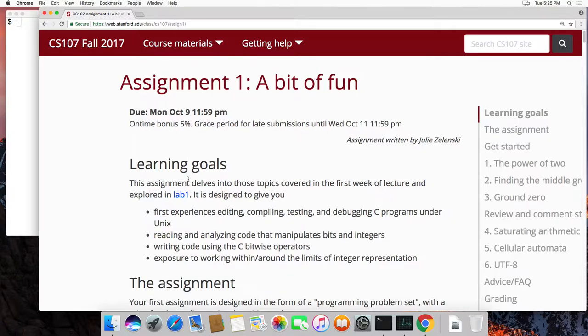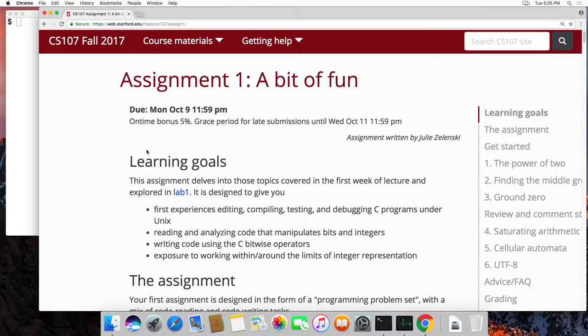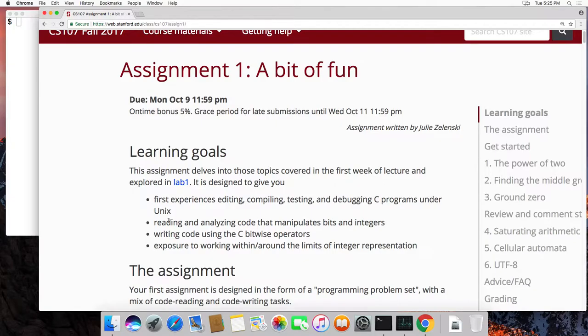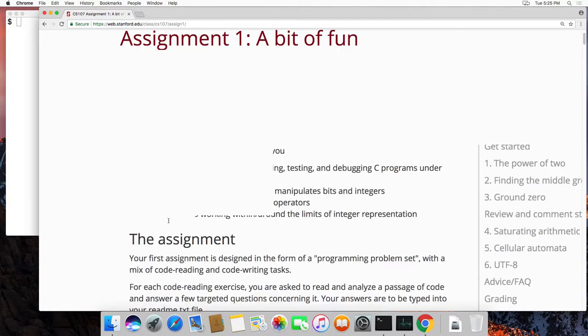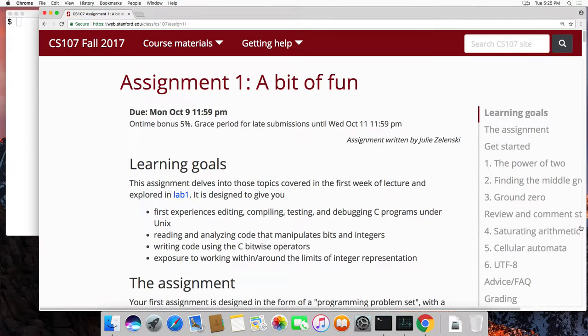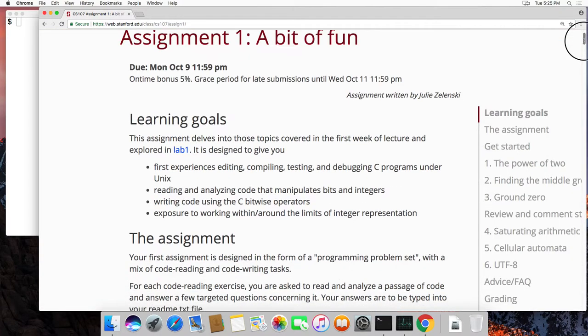All right, for this assignment, obviously the learning goals are going to be more or less the same as with the lab, and we're going to be talking about bit operations and number formats, and you're going to do lots of practicing with writing code and reading code to do that.